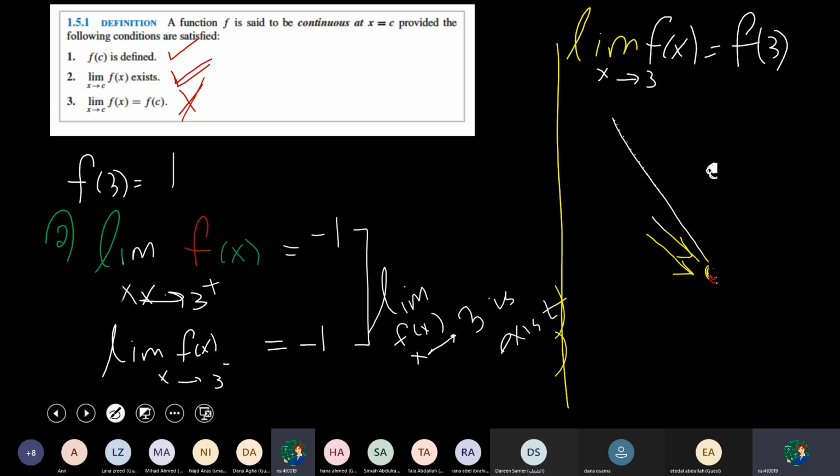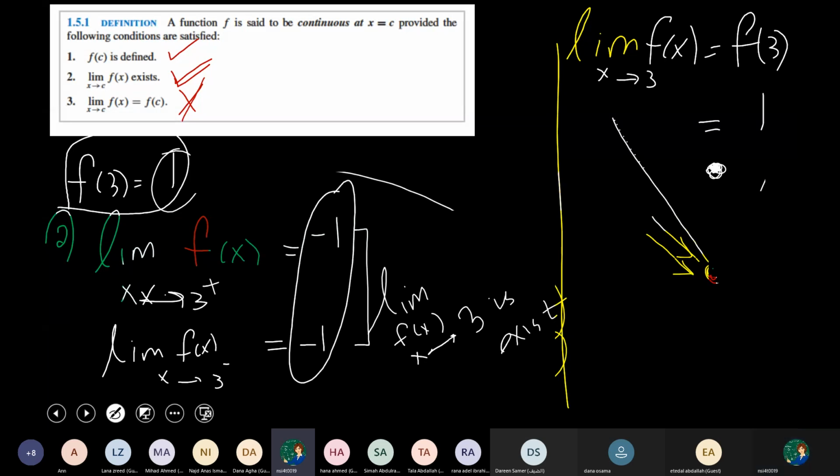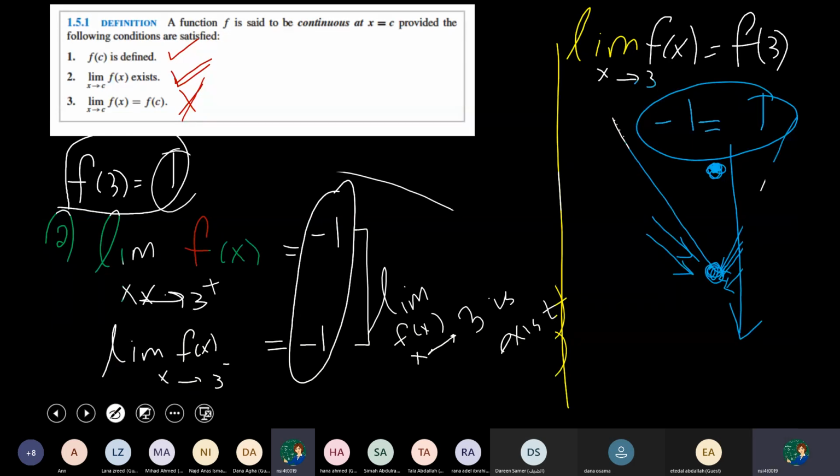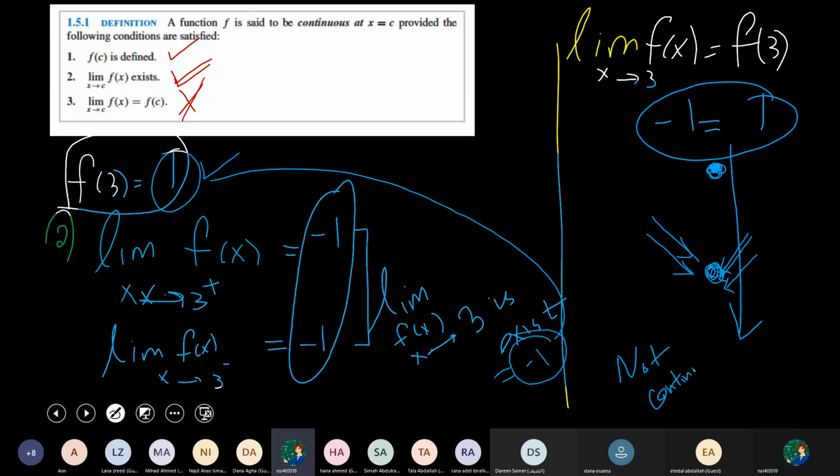Then I check if the limit is equal to f of 3. What is the value of f of 3? It is 1. And what is the value of the limit as x approaches 3? -1. Is -1 equal to 1? No. Since they are not equal, my function is not continuous at x equal 3.